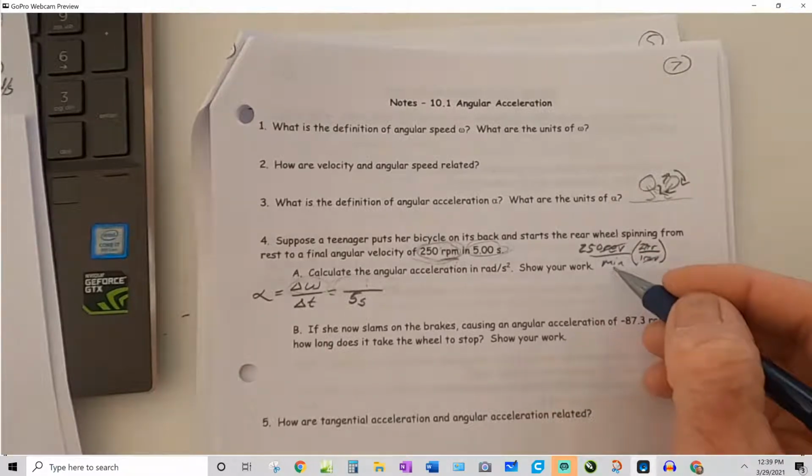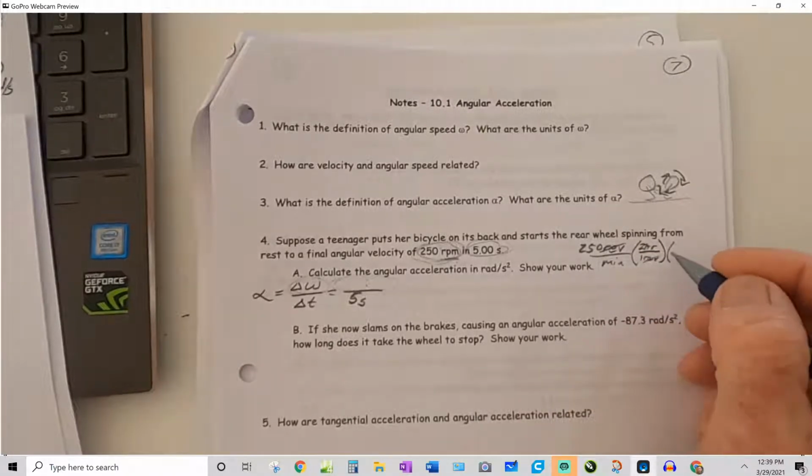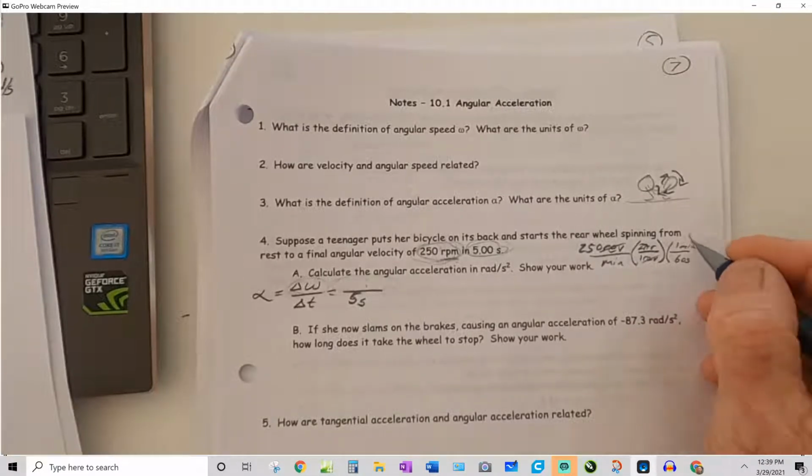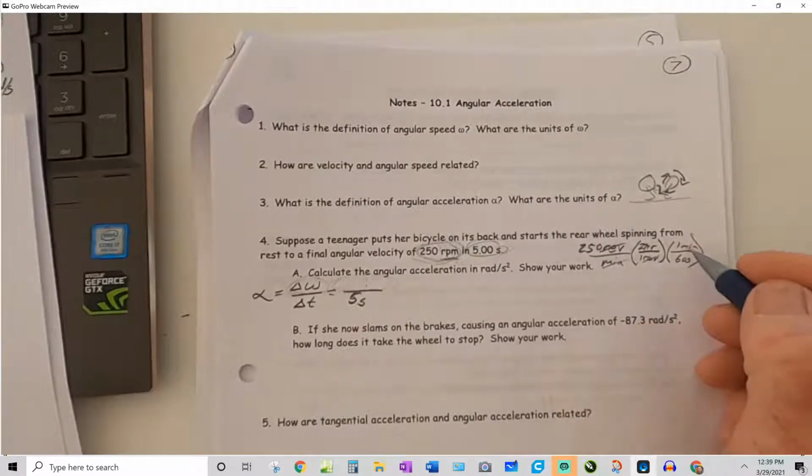And instead of minutes, I want seconds, which is a lot easier. So 1 minute is 60 seconds. So that'll cancel that out.